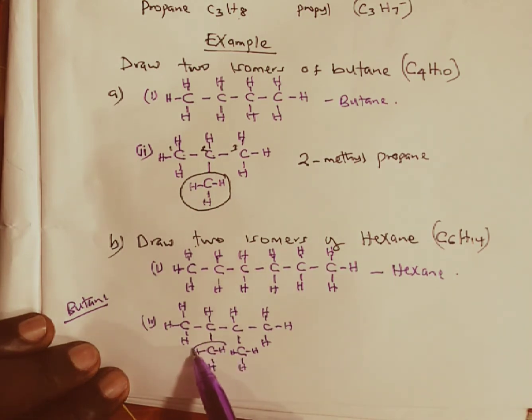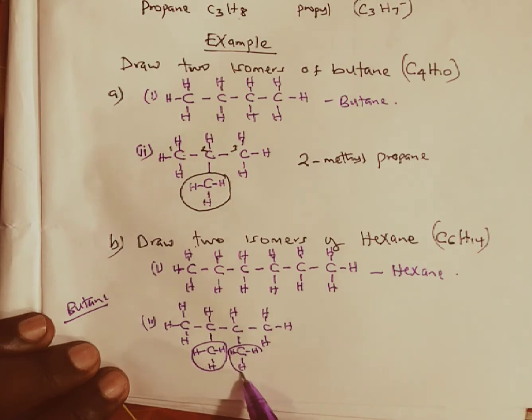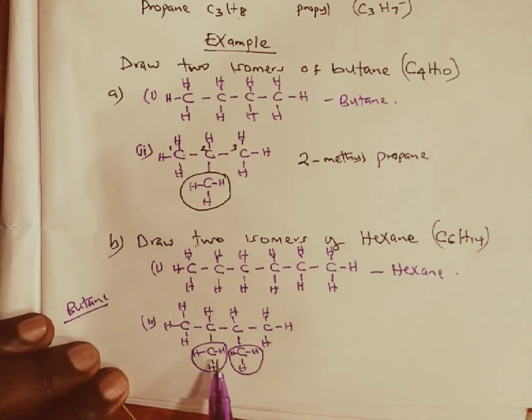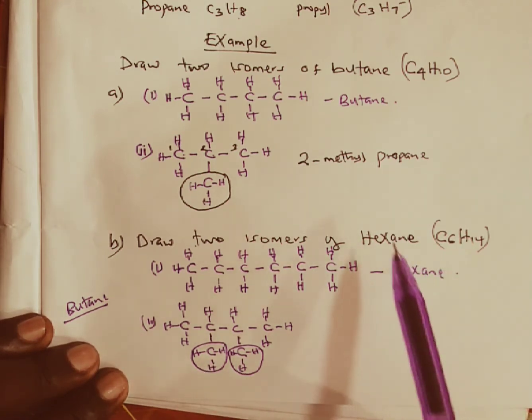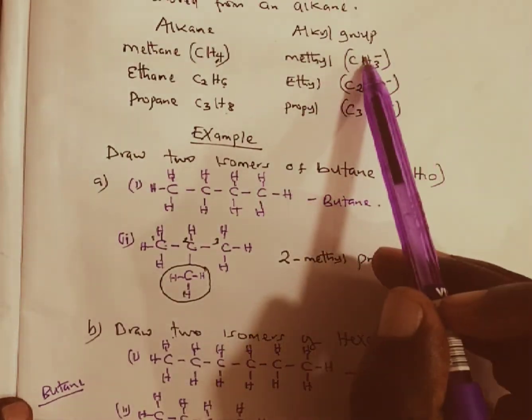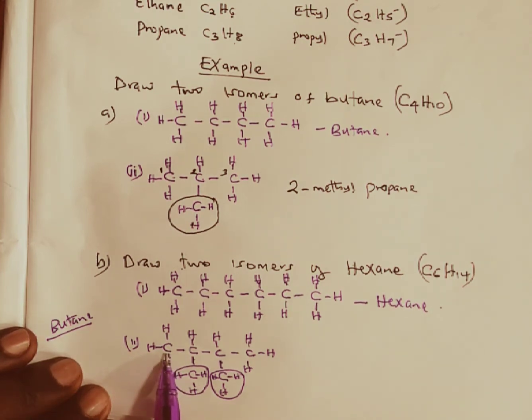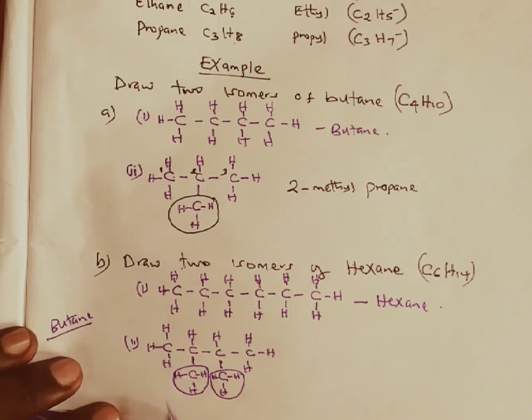So this is a branch, this is also another branch here. If you look at the branches, they have 1 carbon atom and 3 hydrogen atoms, and therefore we call them methyls.